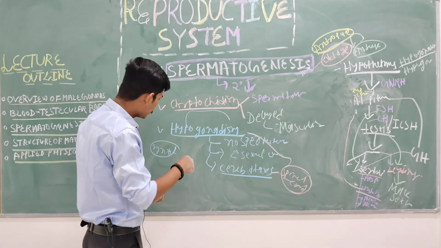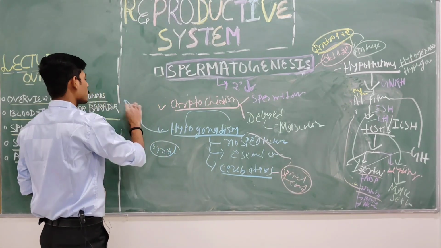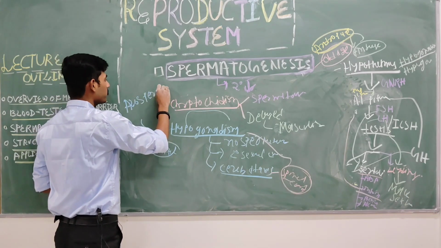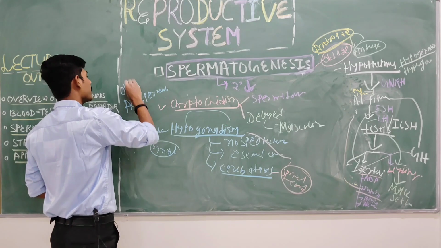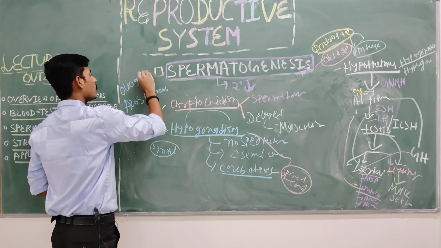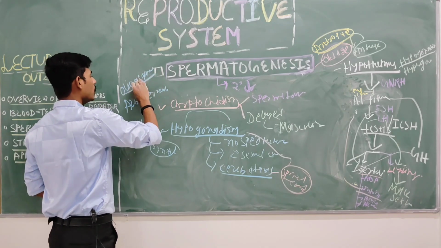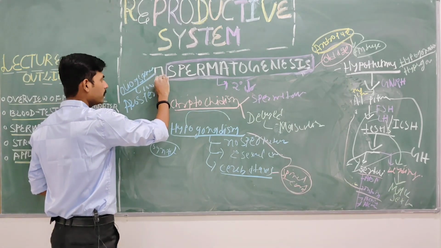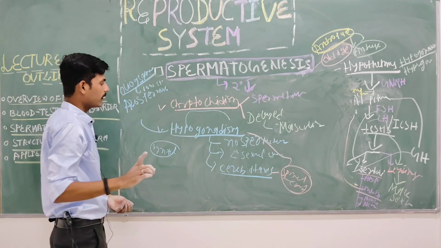No sperm count is termed azoospermia. Write it down. It's termed azoospermia, whereas oligospermia denotes a low count of sperm in the semen.